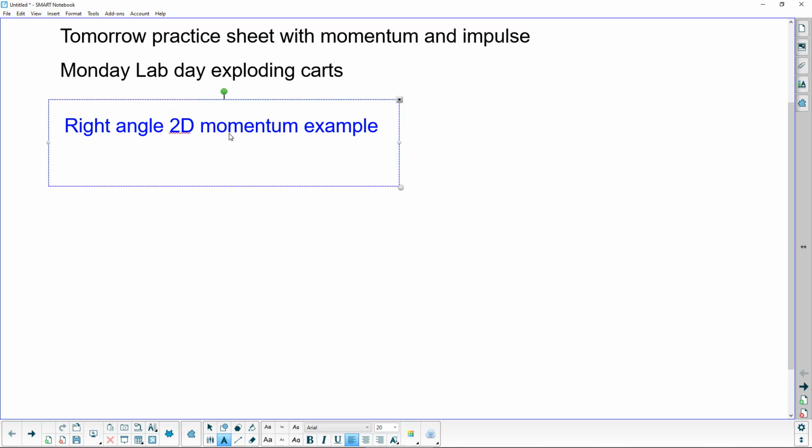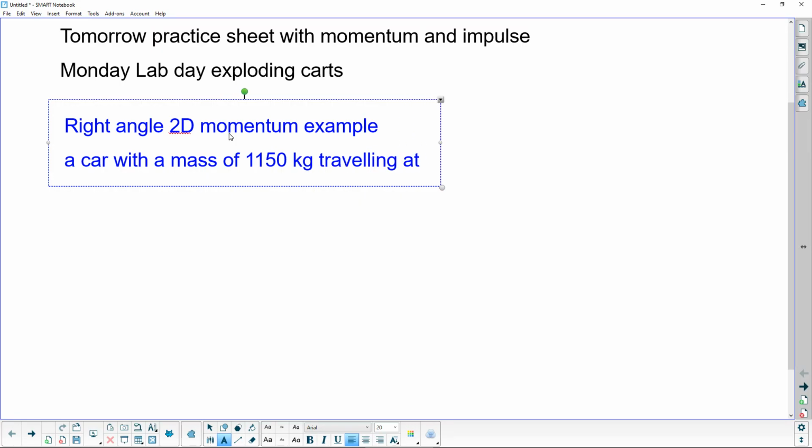So let's say we've got a car with a mass of, let's say, 1,050 kilograms, traveling at, let's say, we'll go 3 significant figures, we'll say 85.2 kilometers per hour to the east. Okay.